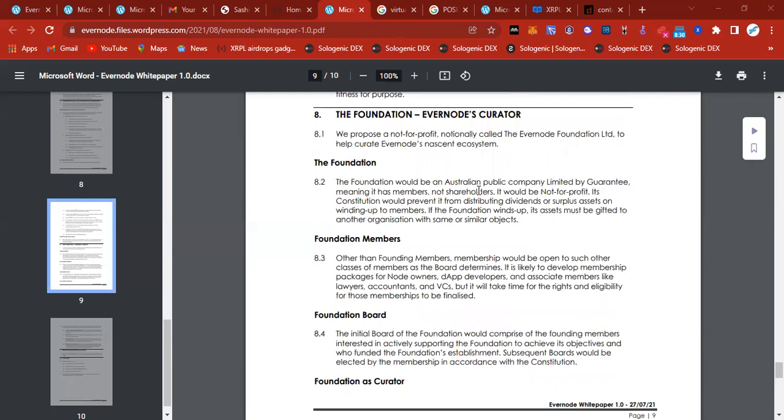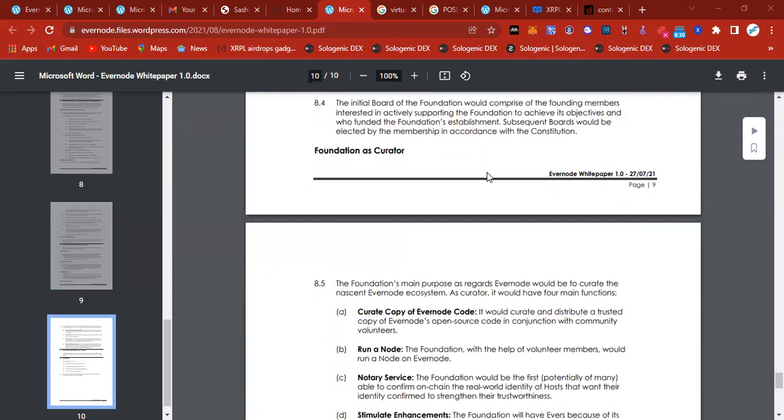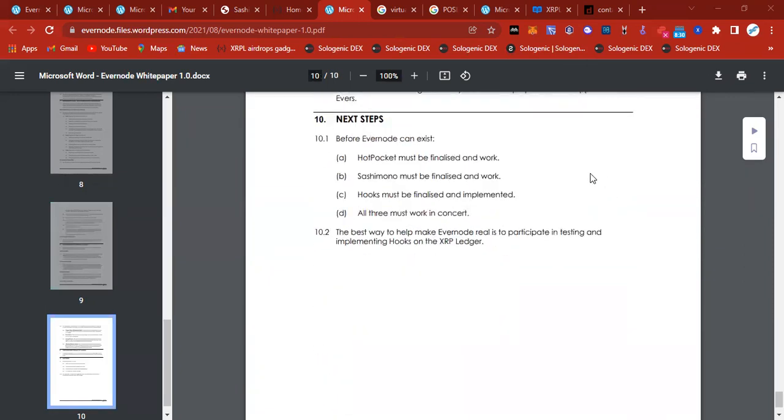So, like I said, Evers is a non-profit. They do have a non-profit sector that kind of oversees things and processes payments. And you see right here, it helps curate the Evernode nascent ecosystem. I'm kind of rambling now, so I'm just going to get up out of here.